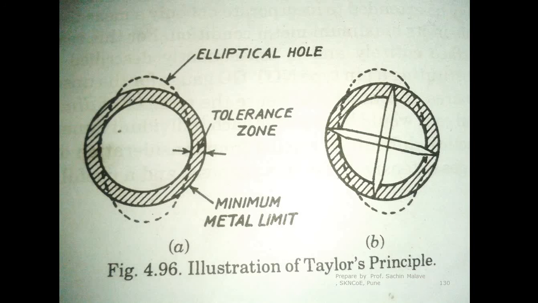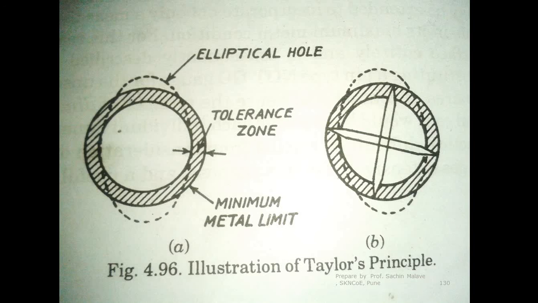In this case you just have to ensure that this dotted elliptical hole is not coming inside the inner bold circle. That's why the go end of the gauge is going to pass.